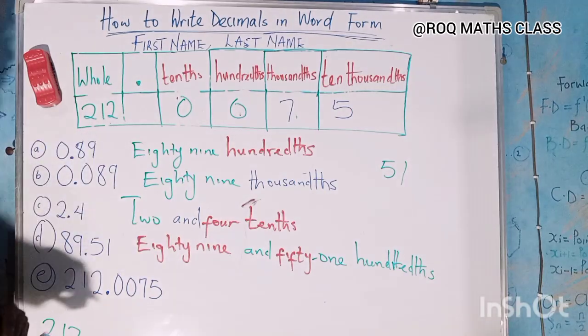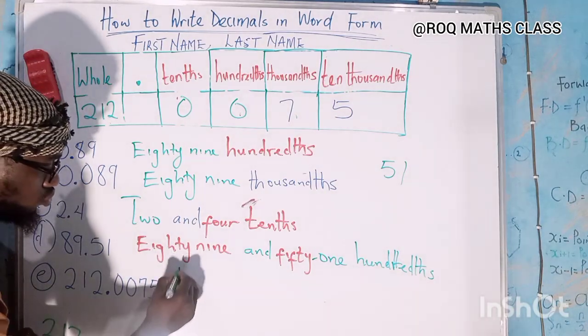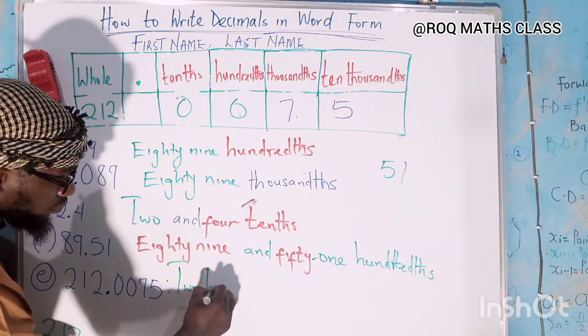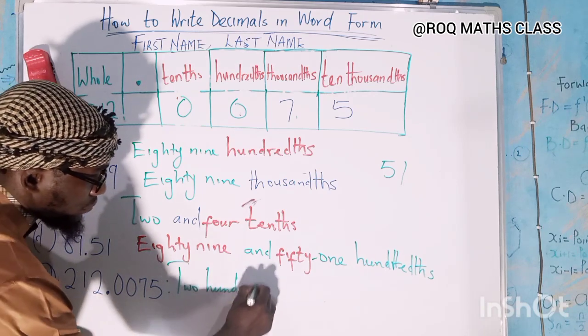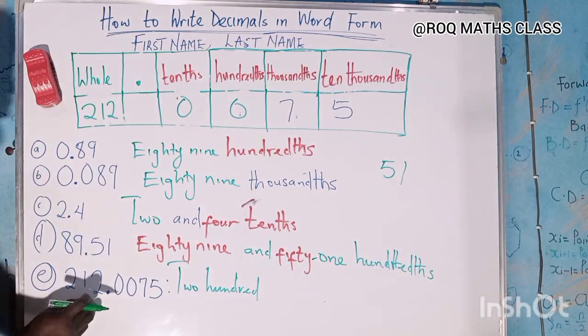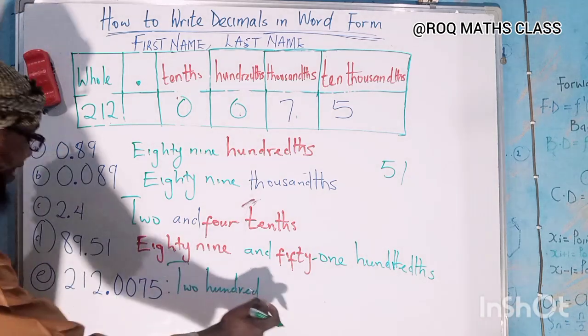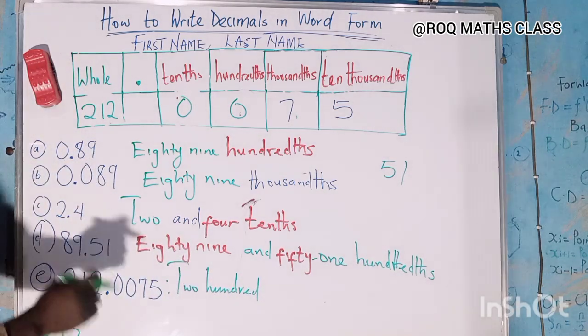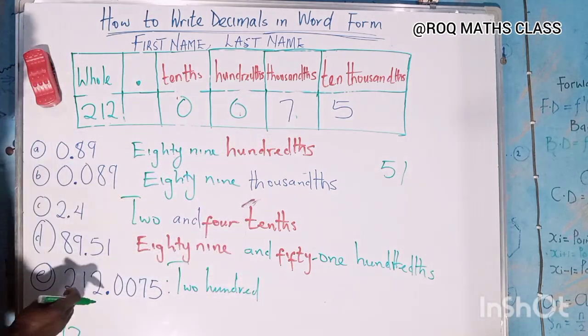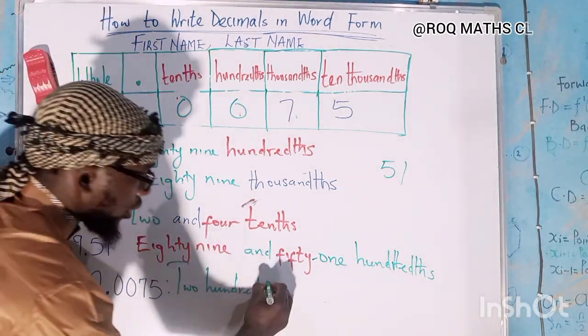Now the whole part, you are going to write it as 200 and 12 in our former class. But because of this decimal point, you won't add the "and" to it. So it's 212.